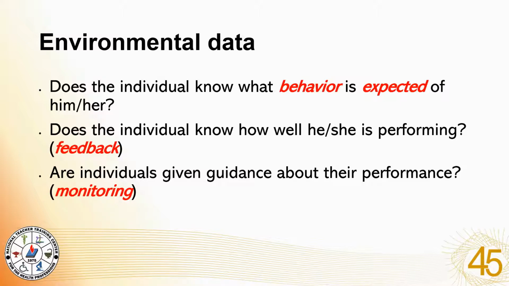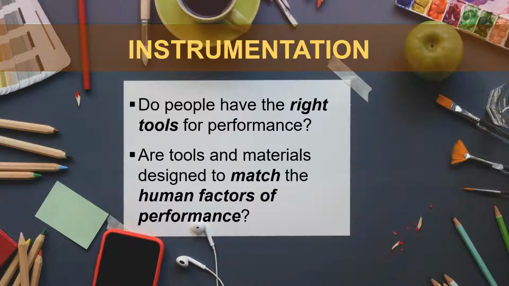Are individuals given guidance about their performance monitoring? Meaning you want trainees to practice the behavior that they learned, but is the environment conducive for that kind of transfer of learning? The other condition will be instrumentation. Do the people have the right tools for performance?